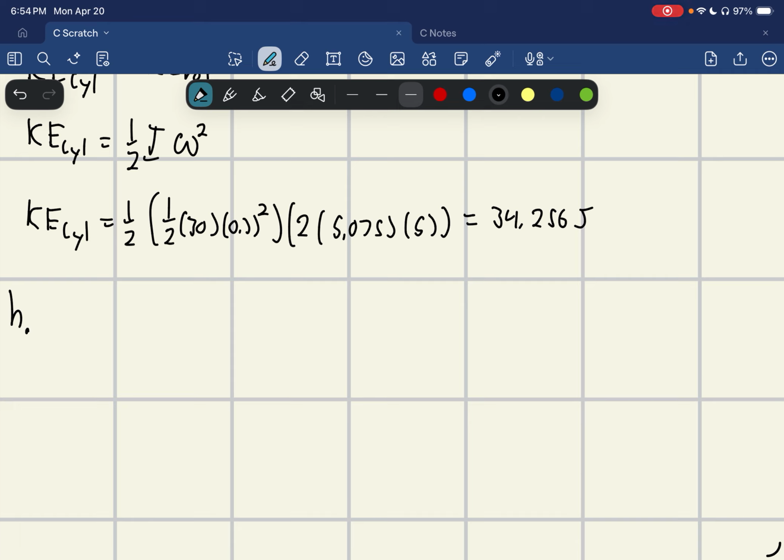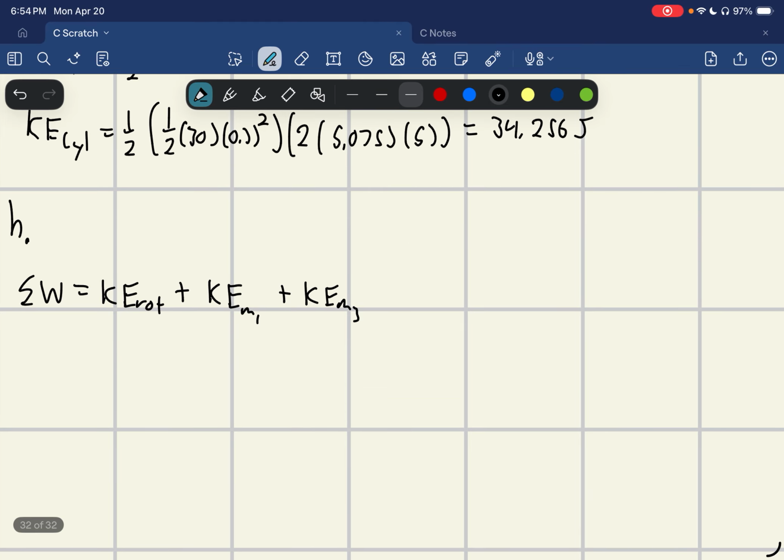Okay, part H. Part H asks us to determine the net work done on the system after 5 seconds. So the net work will just be the KE rotational from the cylinder plus the change in KE for M1, and then the change in KE for M3.